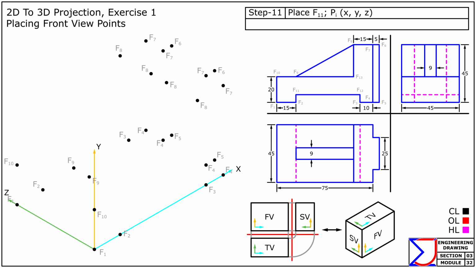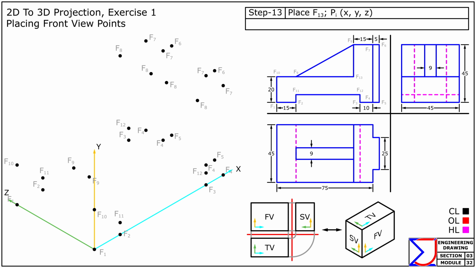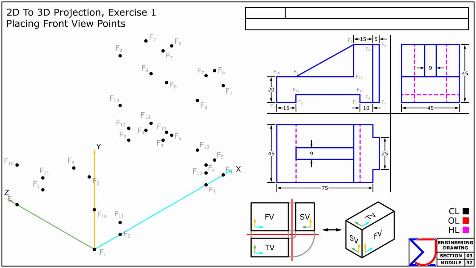Place point F11. Place point F12. Place point F13. Okay, we have successfully placed all the points of the front view. We can now proceed to placing points from the top view.